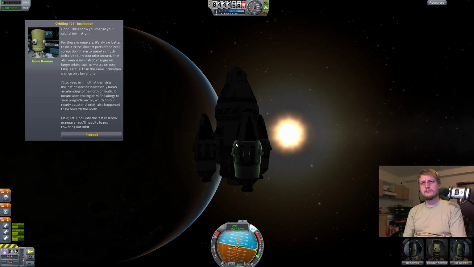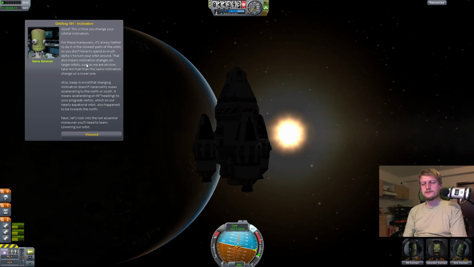Somebody, if you're familiar with this, please tell me why exactly it is that you should change it in the slower parts of the orbit.